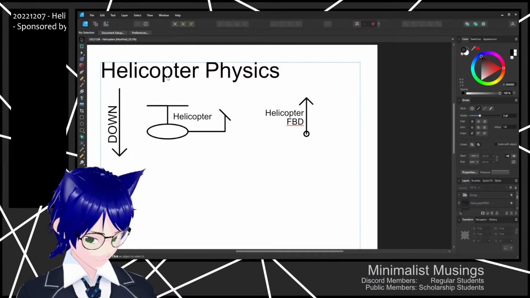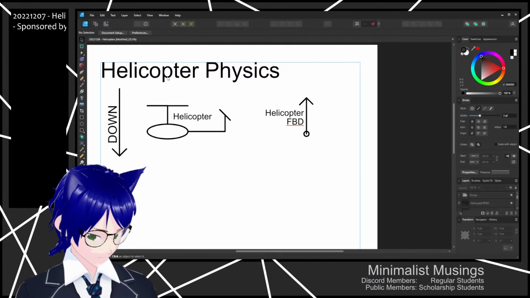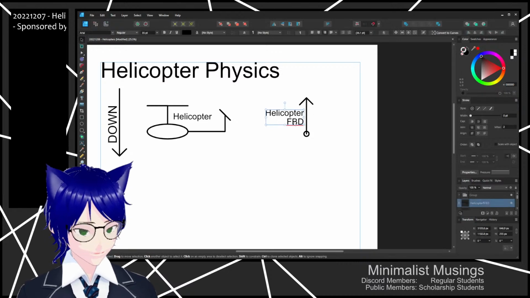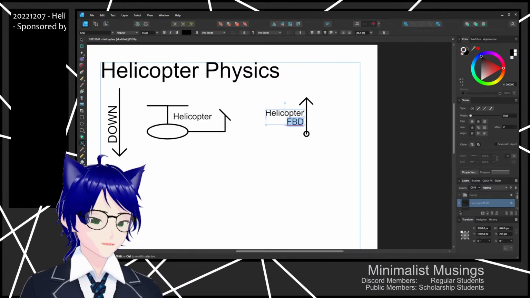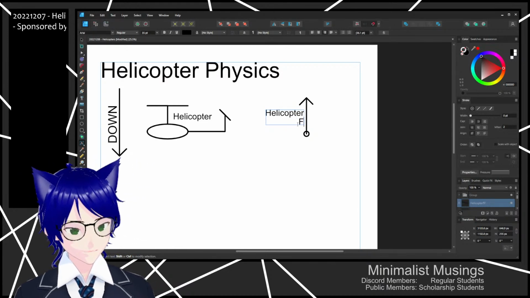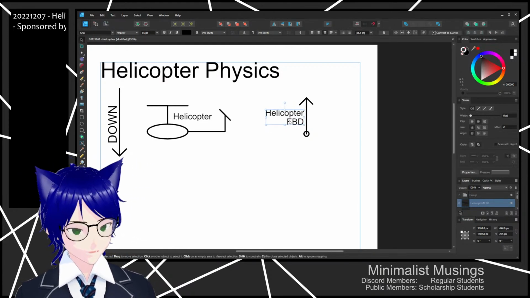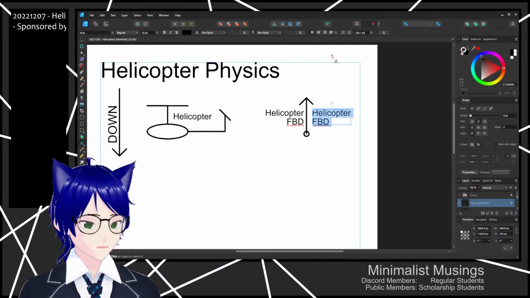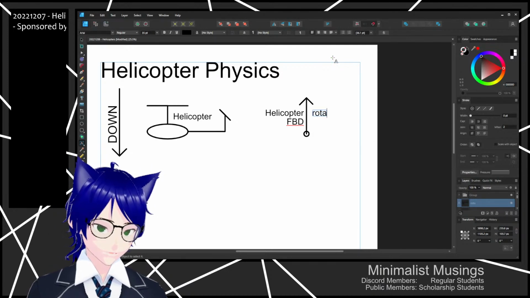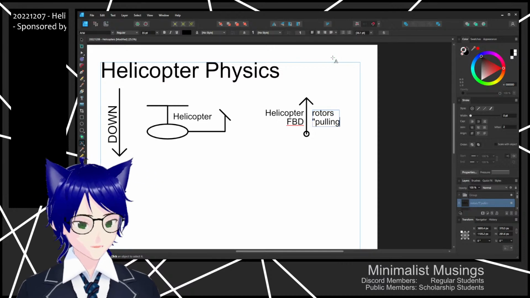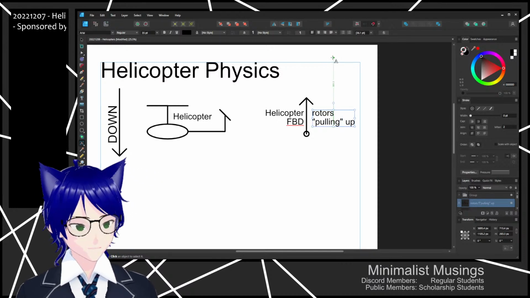Force, etc., etc. Yes, so this is a force. Let's call it D, force pulling up, right?